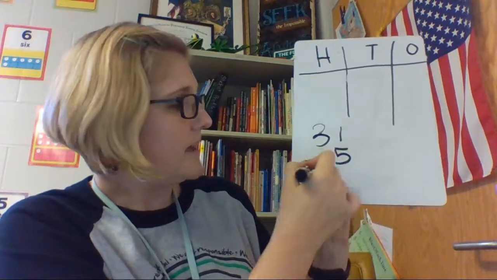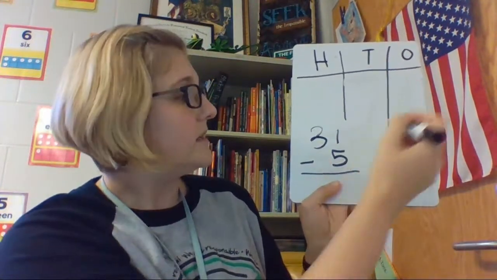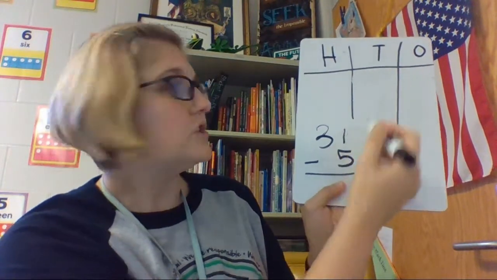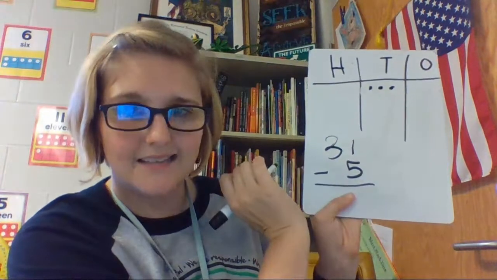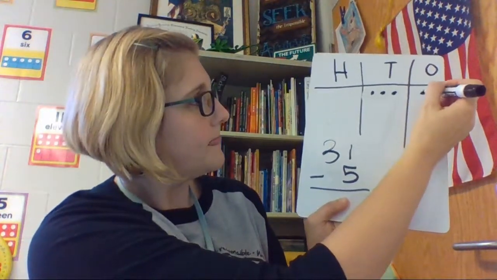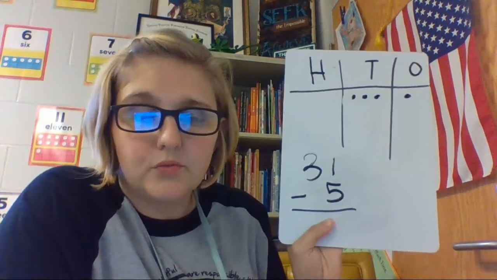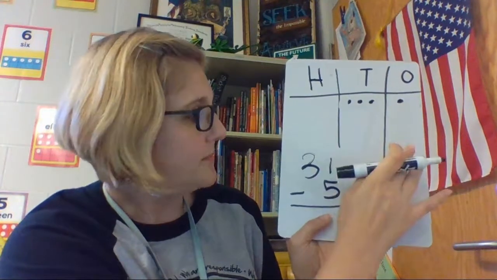So I'm always going back to that question, do I have enough ones? So I'm going to represent 31 using the chips. 1, 2, 3 tens. And then I'm going to go over to here, and I'm going to represent that 1 in 31 with 1 chip.